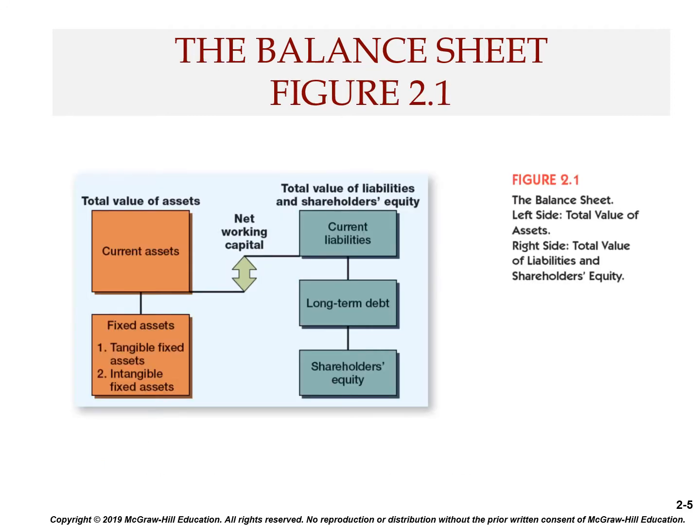And there's our picture again. So total assets would appear on the left side, total liabilities on the right side, and equity. The difference between current assets and current liabilities is what we call net working capital. So that's the amount we have to work with after we pay off our current liabilities.